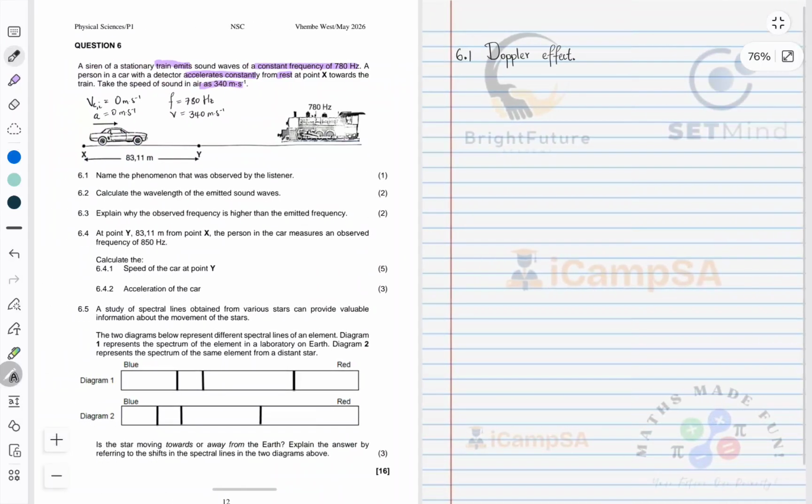They were not really specific as to what exactly he's observing, but this is about the Doppler effect.